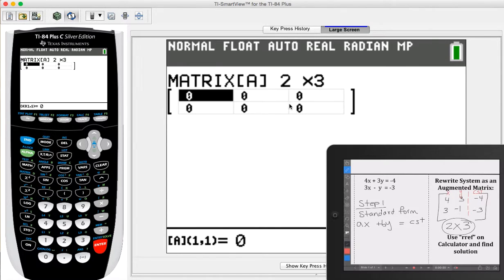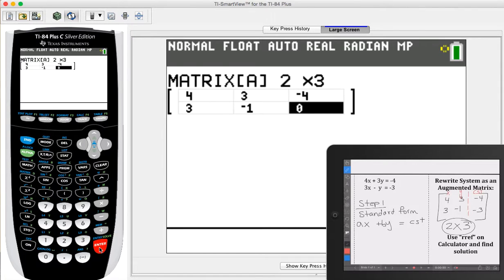If you put the dimensions in correctly, then you will see a new matrix where you can put in all the values or all the elements. So 4, 3, -4, 3, -1, -3 are called elements of the matrix. So let's put in the element 4, press enter, 3, enter, -4, enter, 3, enter, -1, enter, and then -3, enter.